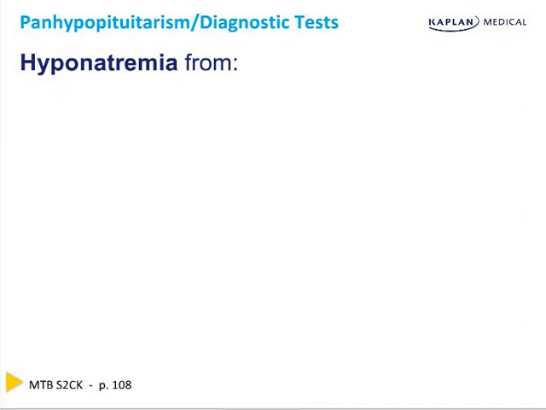In addition to the deficiency syndromes of individual hormones, hyponatremia occurs because low thyroid results in decreased free water clearance. Hypothyroidism is like pseudohyponatremia, psychogenic polydipsia, and SIADH as a cause of hyponatremia with normal volume status.